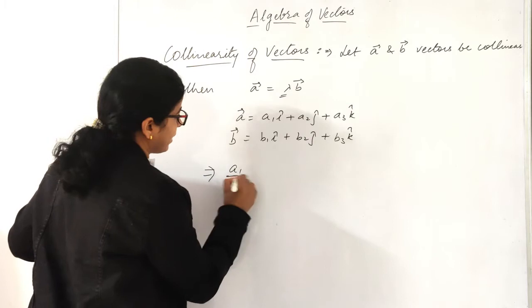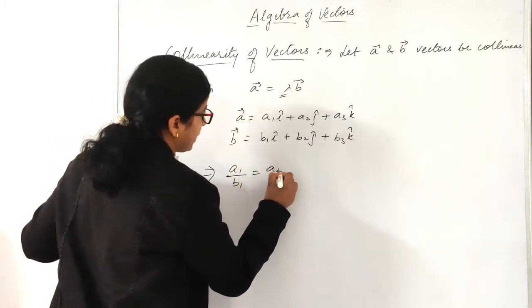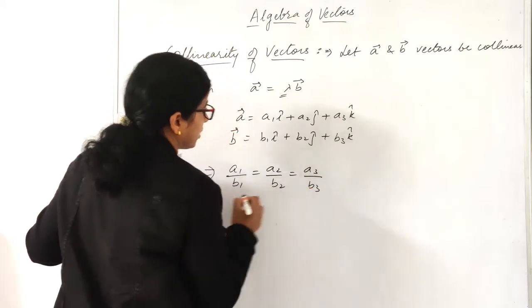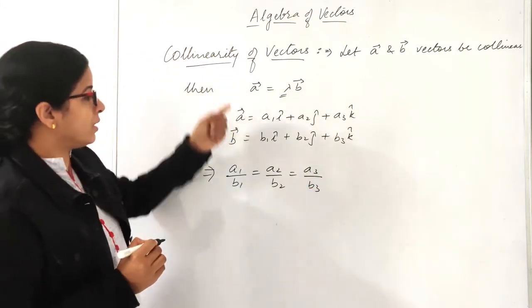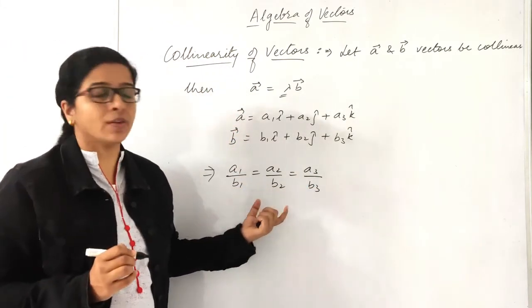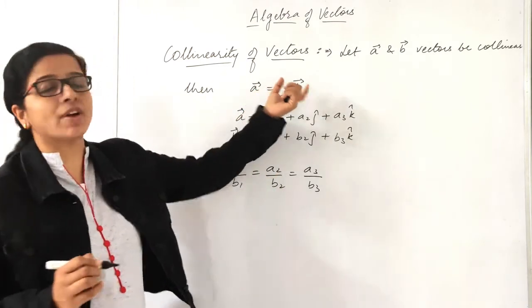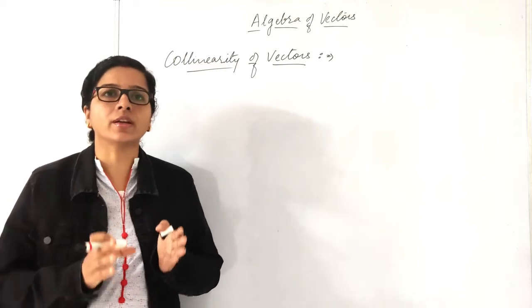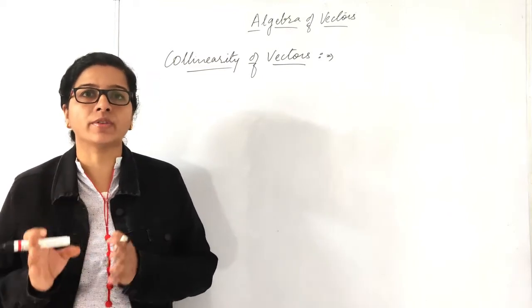It implies A1 upon B1 equals A2 upon B2 equals A3 upon B3. So if the vectors are collinear, this condition should be satisfied. If this condition is satisfied, then the vectors are collinear. Is that clear?